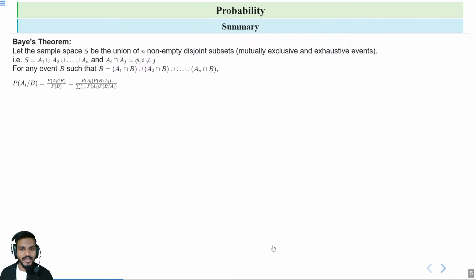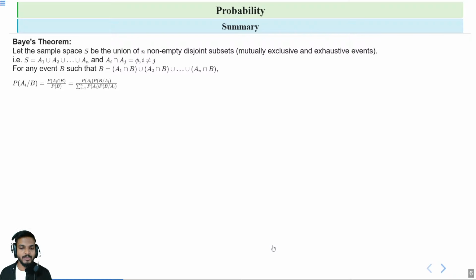So let S be equal to A1 union A2 union dot dot dot An. Here the Ai's are mutually exclusive and exhaustive events. Okay. So for any event B, let's suppose B is A1 intersection B union A2 intersection B union dot dot dot union An intersection B.